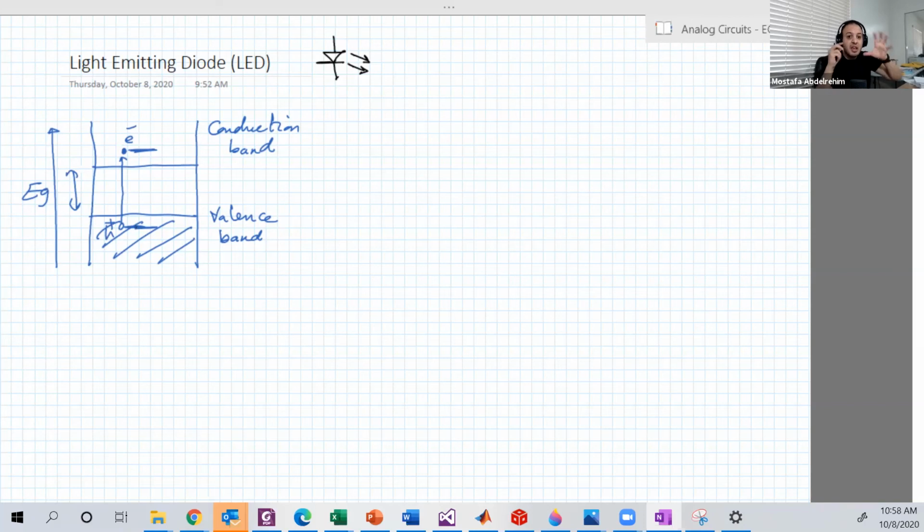That means some of the energy just disappeared. It's not disappeared, actually. It converts to another form of energy, which is an electromagnetic wave, just like wireless, or light. So when the electron goes back, it emits some energy. This energy is approximately equal to Eg.